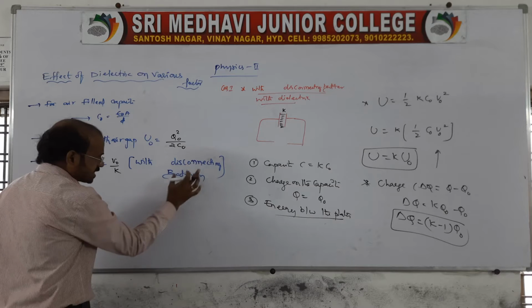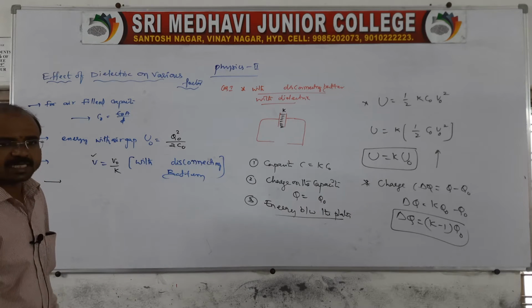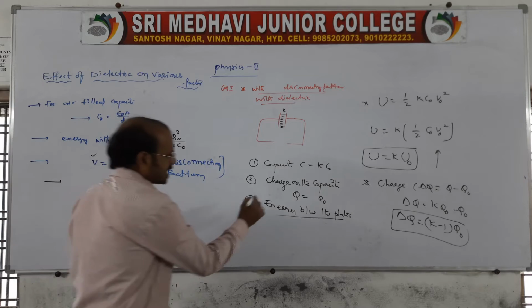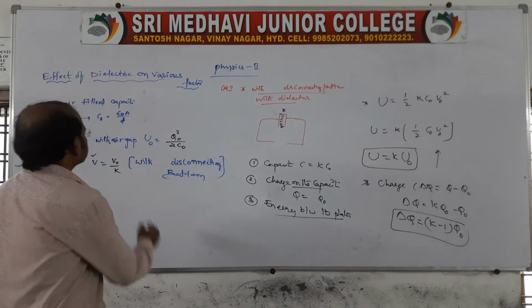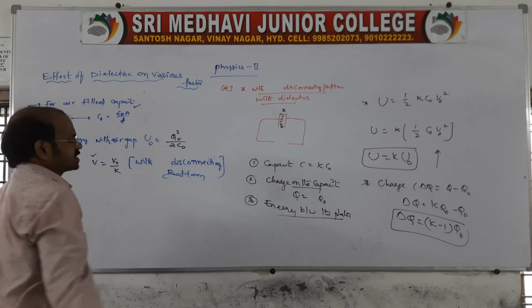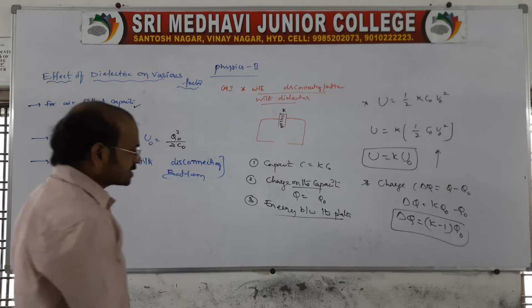Now let us see what will happen to the energy. With air gap, the energy is q naught square by 2c naught. With the battery disconnected, the potential reduces by k times, the charge stays q equal to q naught, and for the air filled capacitor, c naught is epsilon naught a by d. Energy between the plates.